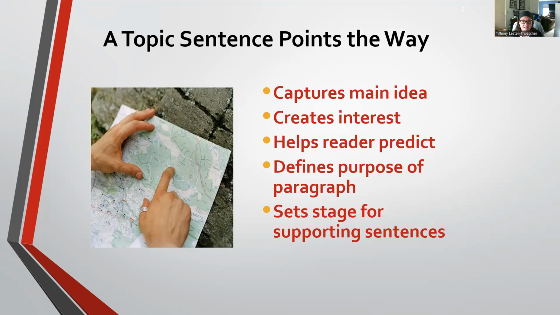It will help me predict what the rest of the paragraph is going to be about. It helps define the purpose of the paragraph, why this person has written it in the first place, why does it even exist, what's the point? And then it sets the stage for the supporting sentences. So I know that all of the supporting sentences in the rest of the paragraph are going to relate directly back to that topic sentence. So your topic sentence is crucial, right?